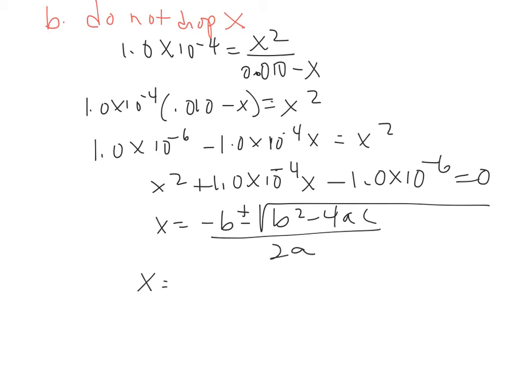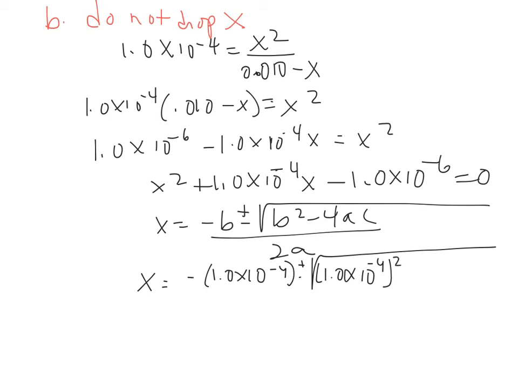You've got x is equal to negative 1.0 times 10 to the minus 4 plus or minus the square root of 1.0 times 10 to the minus 4 quantity squared minus 4 times 1 times negative 1.0 times 10 to the minus 6.